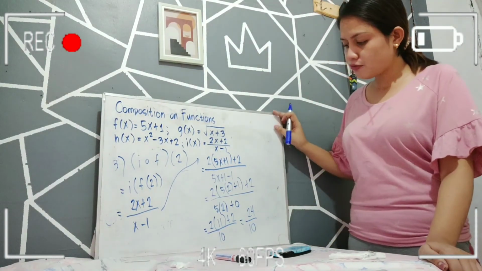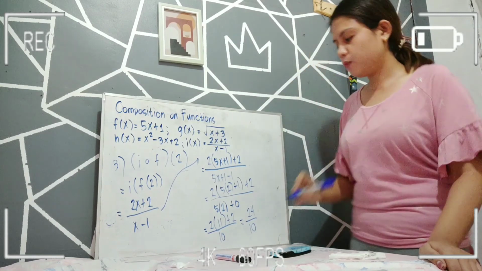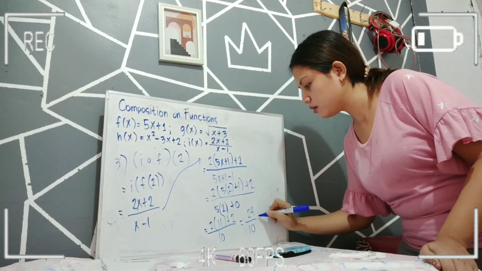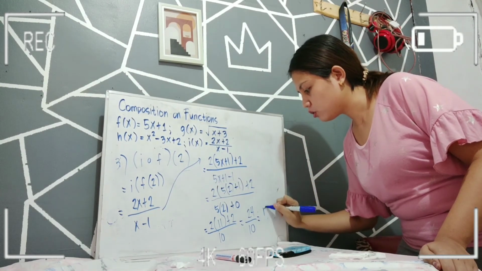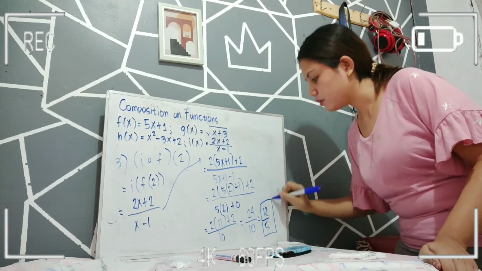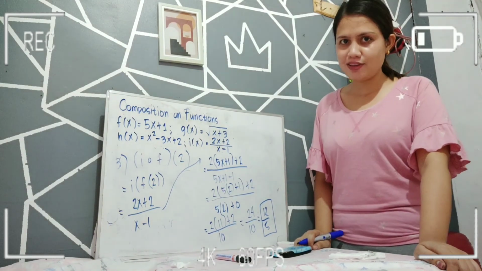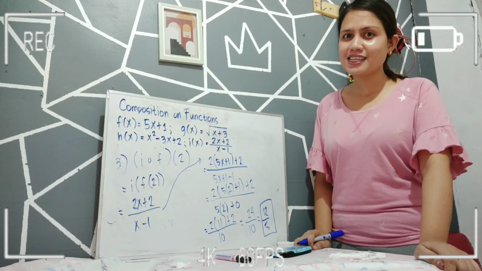Remember that 24 and 10 can be simplified by 2. So we have here 12 over 5. Or pwede sana nimo i-rewrite into mixed fractions. Do you have any questions?